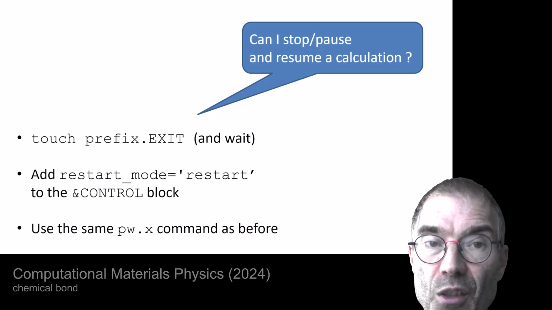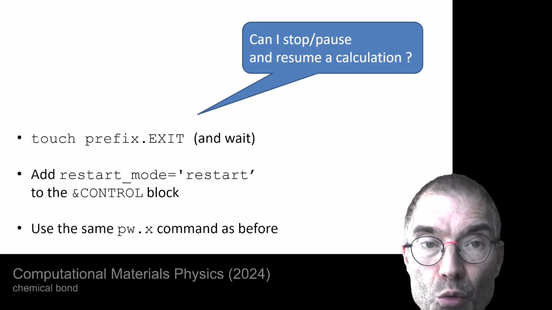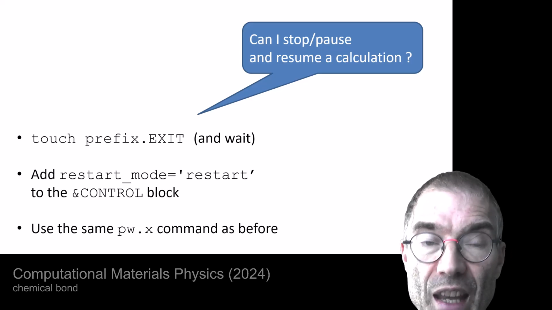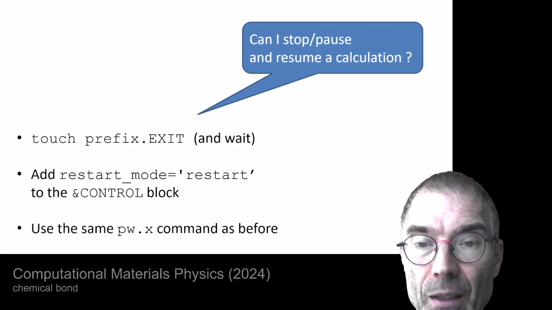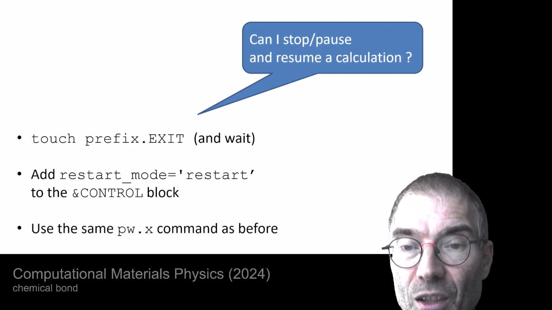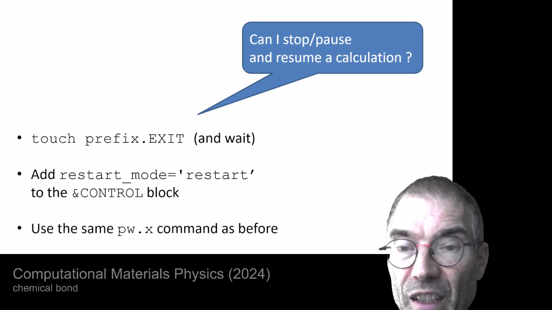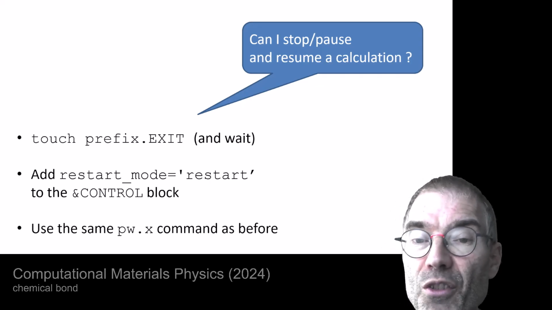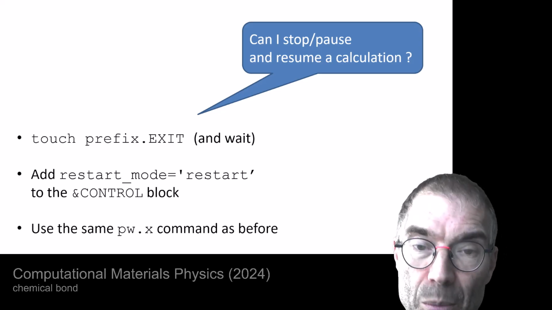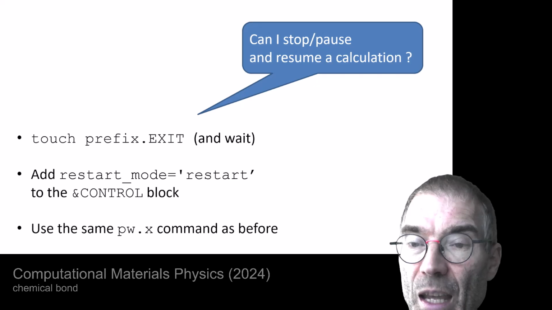Then a related question, is it possible to stop a calculation or to pause it in some way and then resume it later? And this is possible if you make a file in your folder that has the same prefix value as your running calculation and then .exit with capitals at the end of the file name.